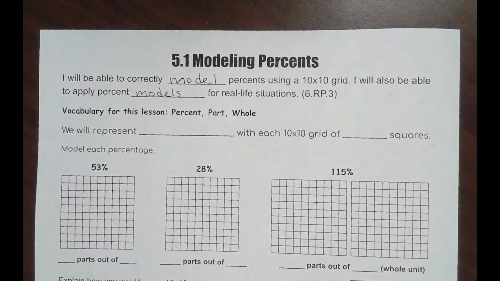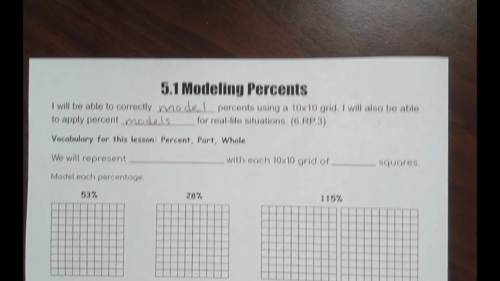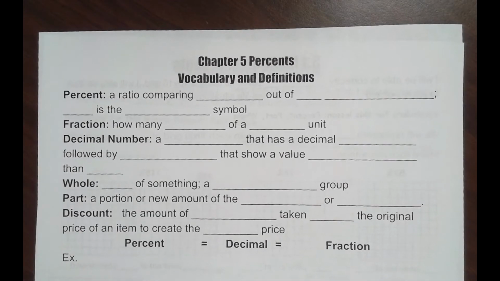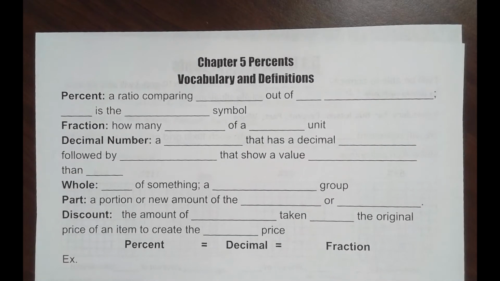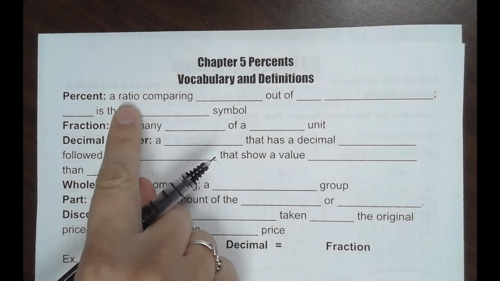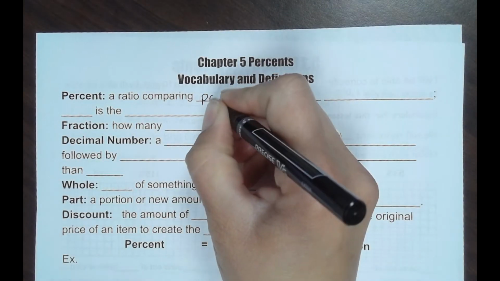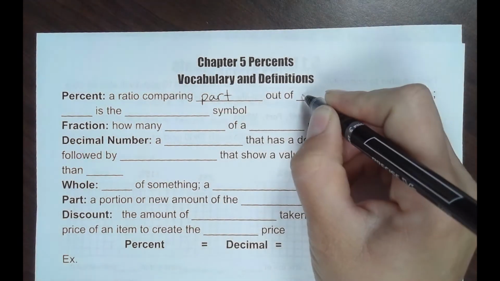So please pull out your chapter 5 vocabulary sheet. It should just be on the back side of this paper. All right, so percent. Percent is a ratio, so we learned ratios in the last chapter. Comparing parts out of 100.